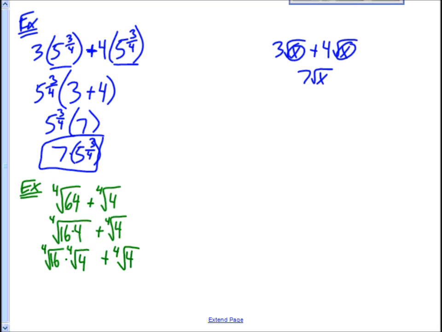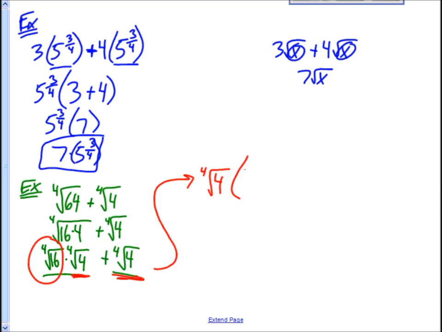Now you notice, hey, both these terms, I got one term, two terms, right? But they both have this, see how that one's got a fourth root of 4, this one's got a fourth root of 4? So why don't I take a fourth root of 4 out, and I would be left with the 4th root of 16, right?